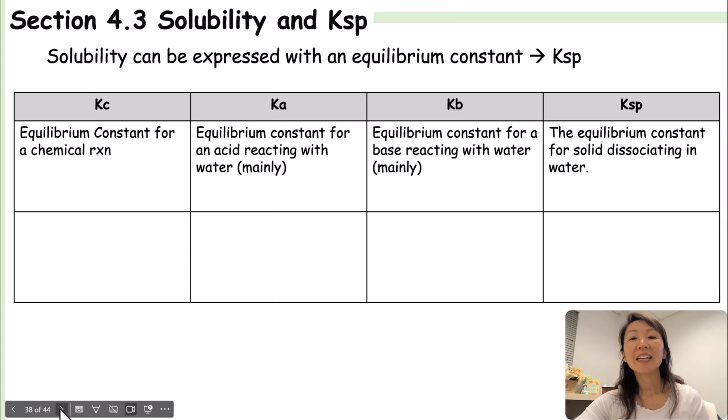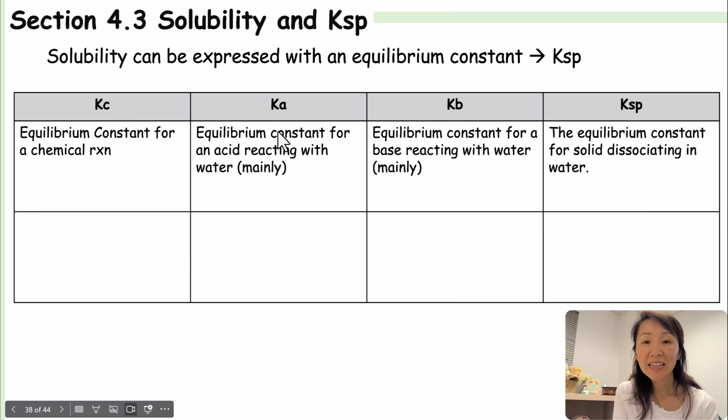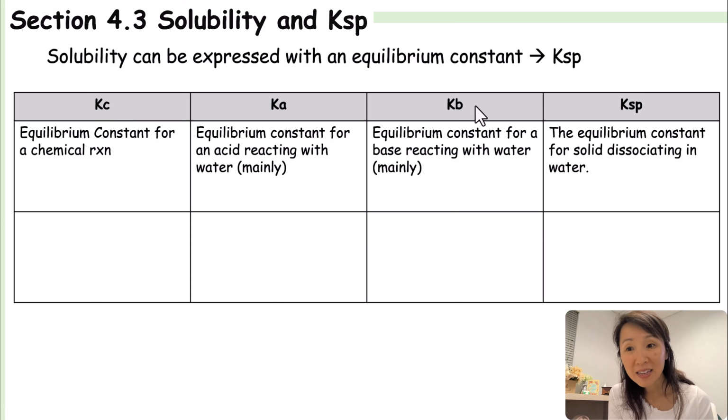All right, now the solubility can be expressed in an equilibrium constant, known as the Ksp. We have learned Kc, Ka, Kb, and now we're going into Ksp. Let's go back a bit.